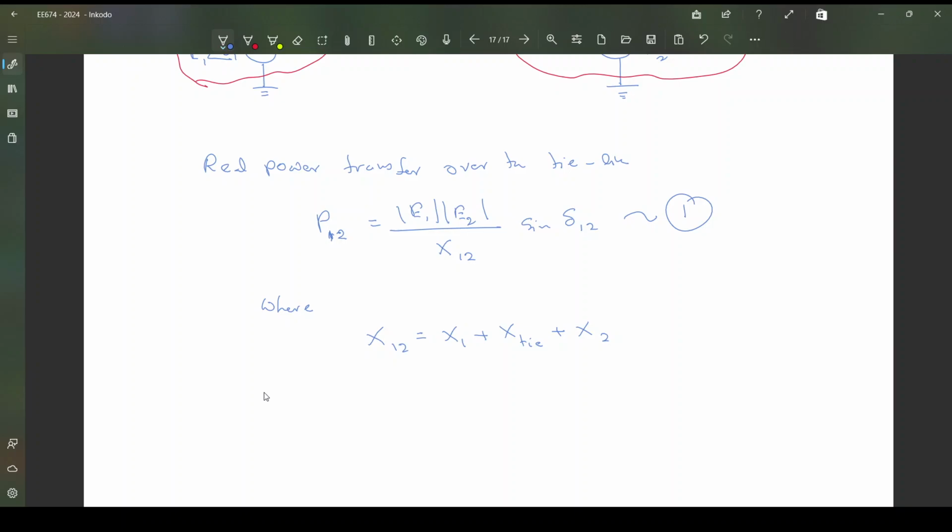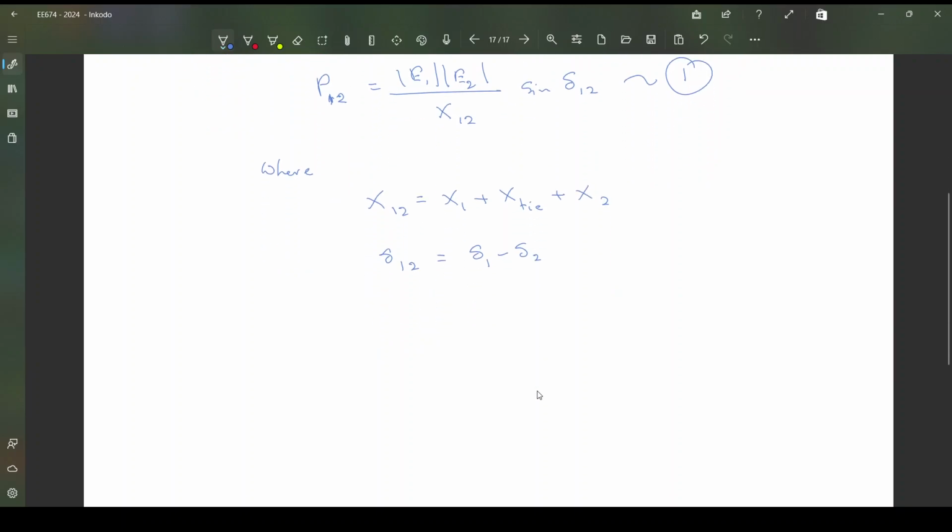And delta 12 is equal to delta 1 minus delta 2, the angle difference.